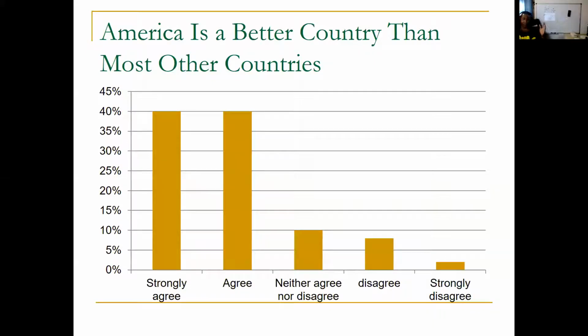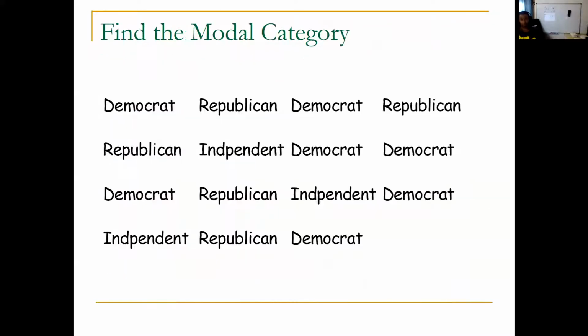The possible responses are strongly agree, agree, neither agree nor disagree, disagree, and strongly disagree, and an equal amount of people said strongly agree and agree, so both of those were the mode. So 40% of the distribution said strongly agree, 40% said agree. Then you would have a bimodal distribution. Like I said, you could theoretically have trimodal or quadrimodal distributions as well.